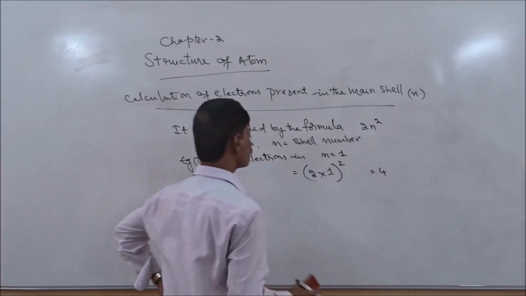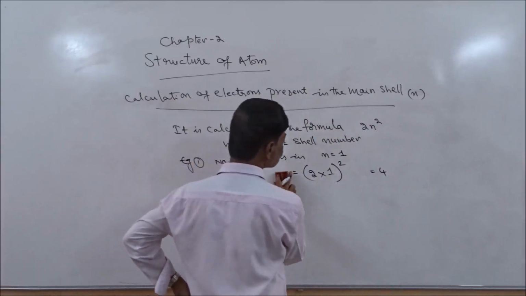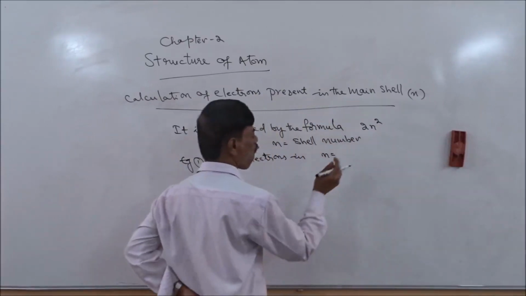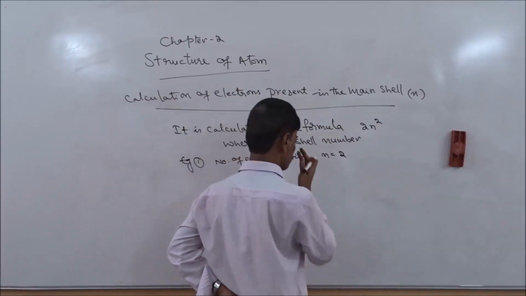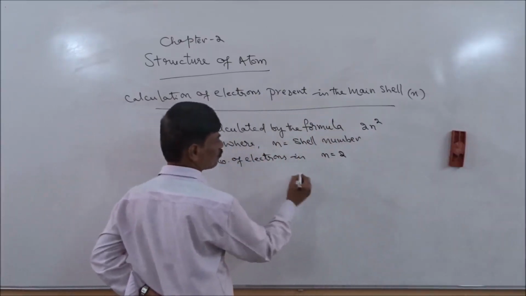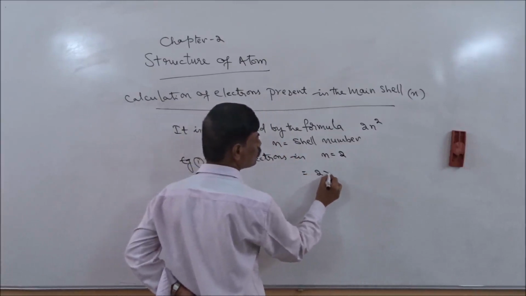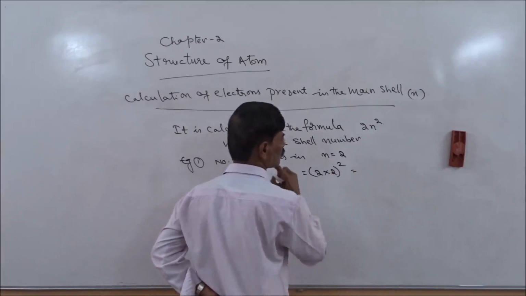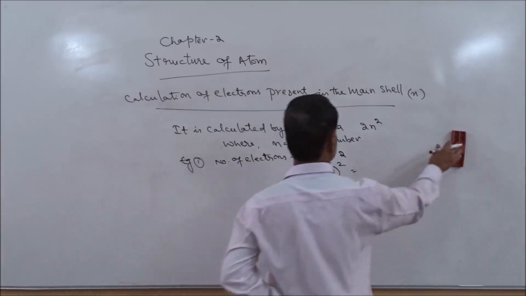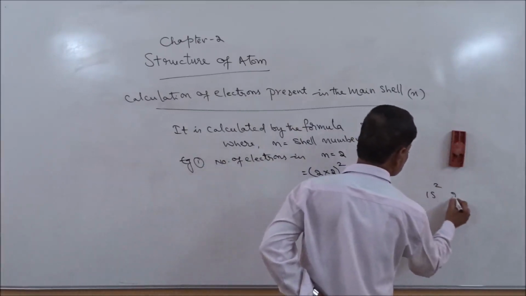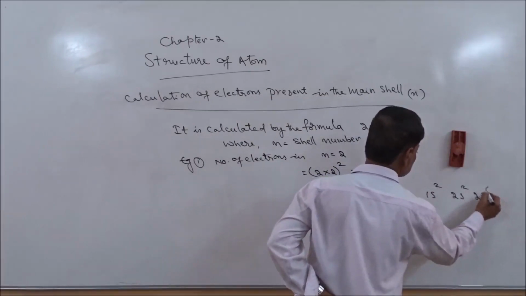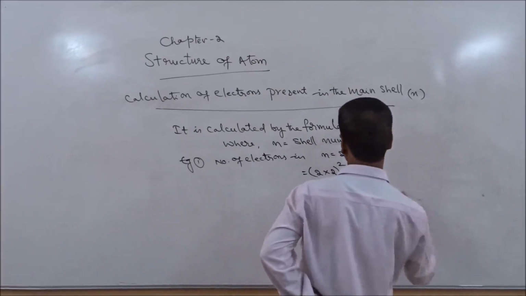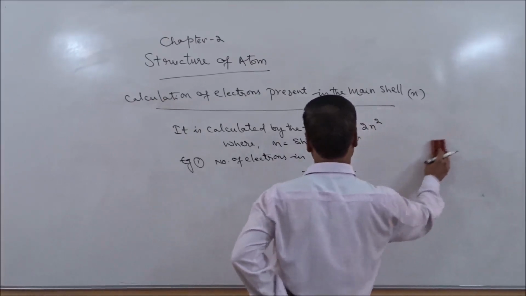Next, n is equal to 2, 2 into 2 square. 1s2, 2s2, 2p6. First shell 2 electrons, next 8 electrons.